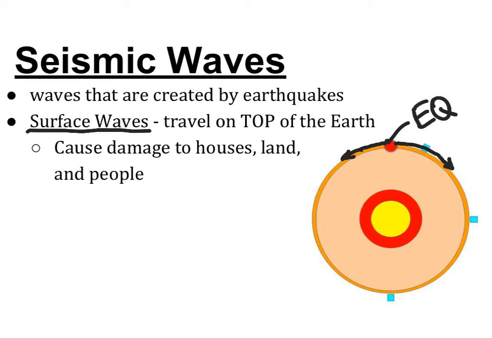This is like a cross section of the earth, like you slice through the earth, and the top part here would be the surface. They're going to travel quite a ways, but not too far away from the earthquake, because eventually they're going to run out of energy, and they're not going to be affecting people and houses and land farther away from it. That's really what they do. They're the ones that cause the damage to the houses, the land, the people. They're the ones that you feel when we have an earthquake.